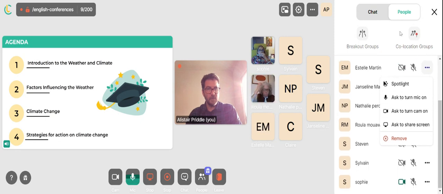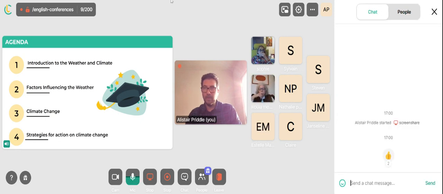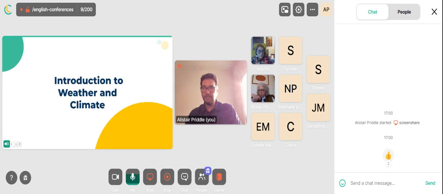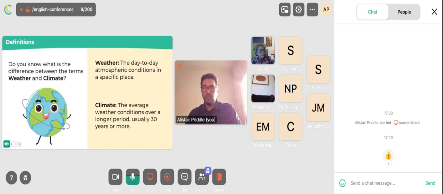Okay, guys, we are going to begin with part 1, the introduction to the weather and climate. So, definitions. Do you know what is the difference between the terms weather and climate? Weather is the day-to-day atmospheric conditions in a specific place.